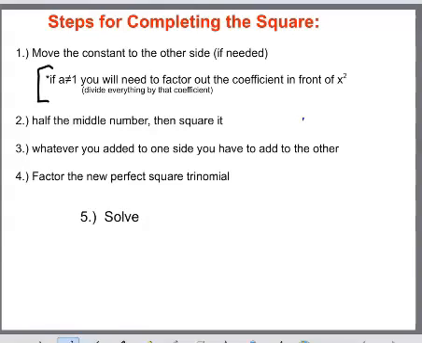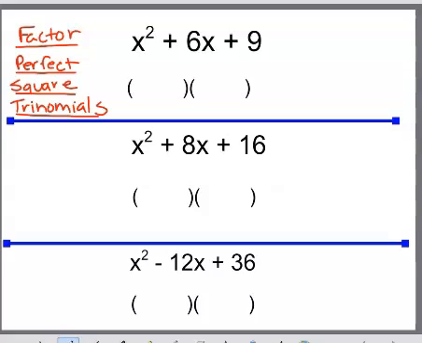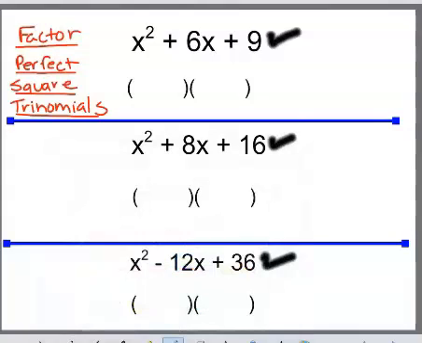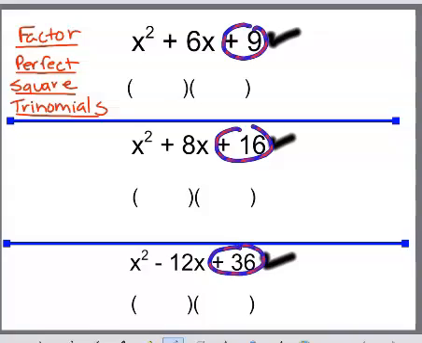All right, so before we do some of those, we're just going to look at some perfect square trinomials. The first step in completing the square really is creating perfect square trinomials. Perfect square trinomials are where the last term is a perfect square, like 3 times 3, 4 times 4, 6 times 6, and the middle number is the square root of that last term doubled.